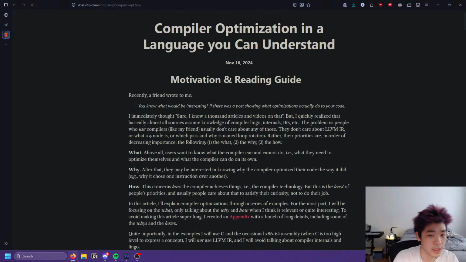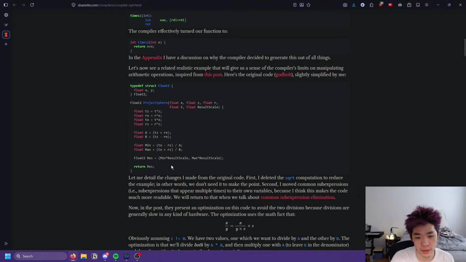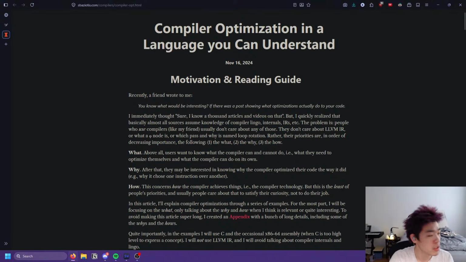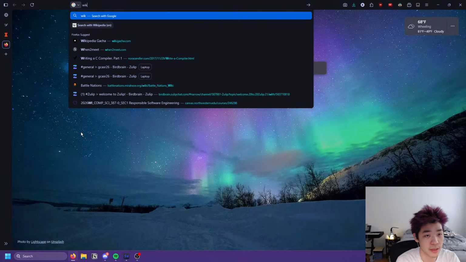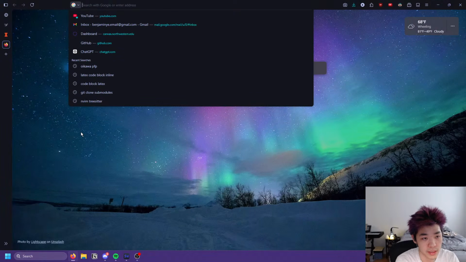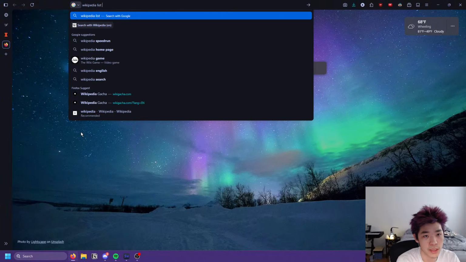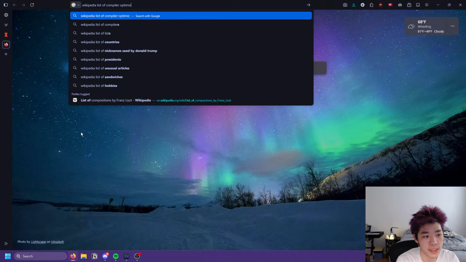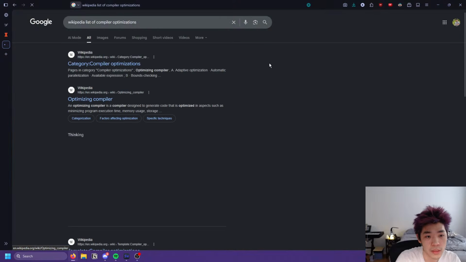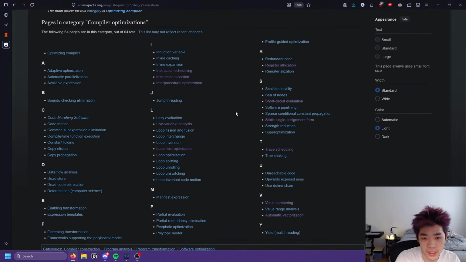There's this little blog post that I found on Reddit, and it seemed interesting. So maybe we could look through this as well. And then of course, a little bit sillier, there's a Wikipedia page, a list of compiler optimizations. There's this whole pile that might be interesting to look through. I'm not sure how useful it is, but we will take a look at it.